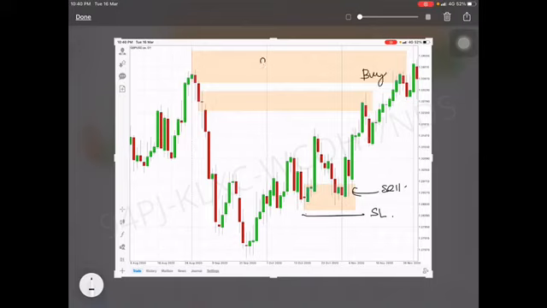Okay, so this is a sell zone, but you entered for buy. So your SL should be below the box. Like that, okay? Is it clear to you?